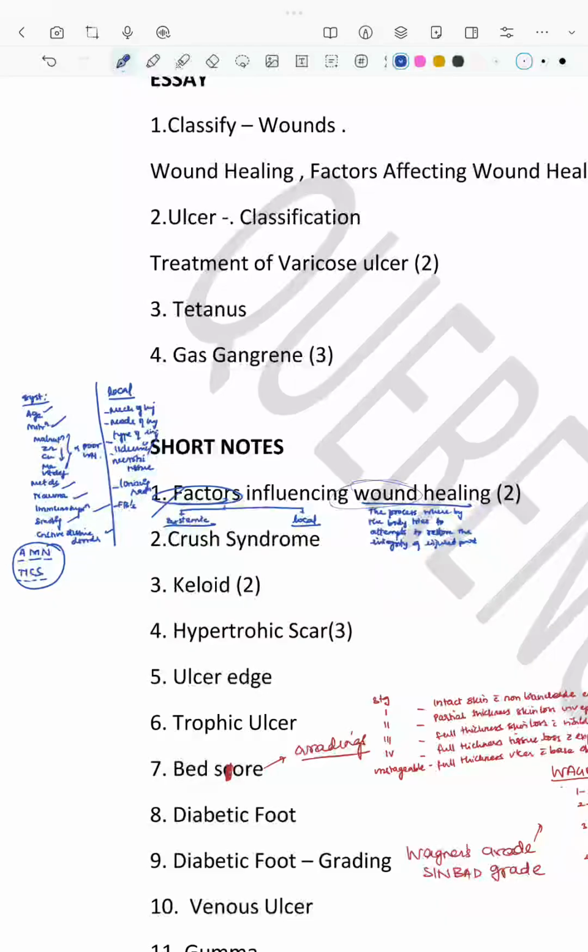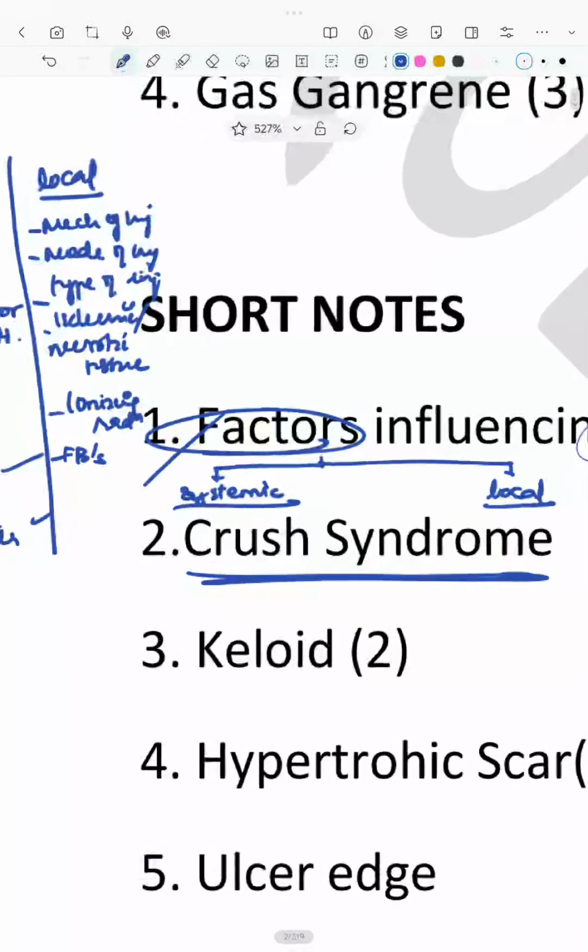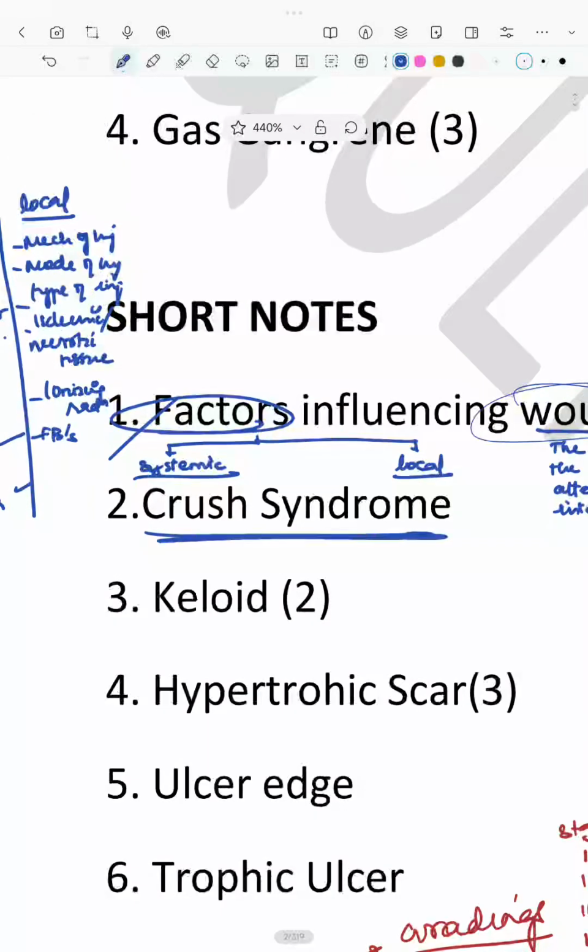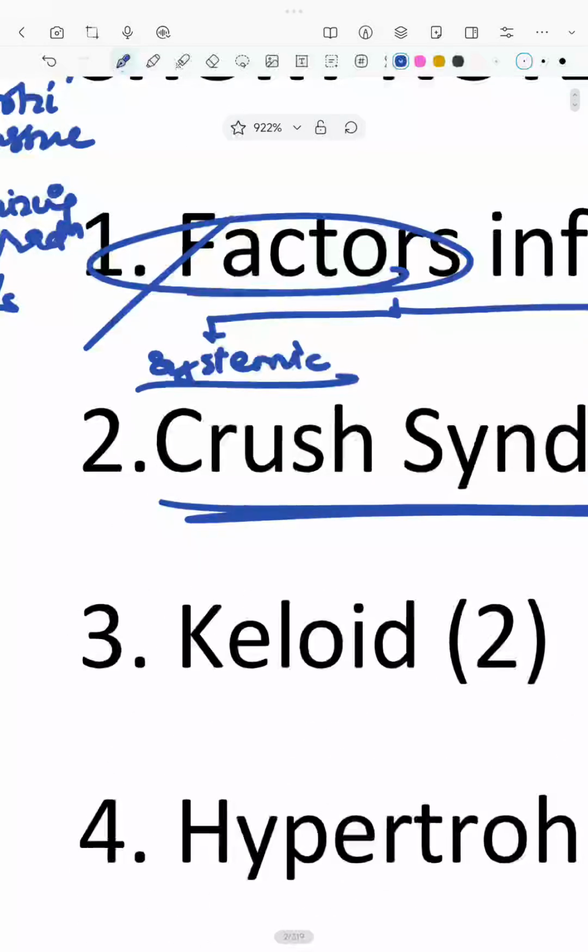Next question is crush syndrome. What is crush syndrome? Crush syndrome is analogous to compartment syndrome. Whenever there is a crush injury, it leads to crushing of the muscle.